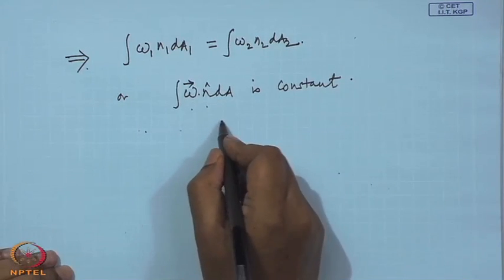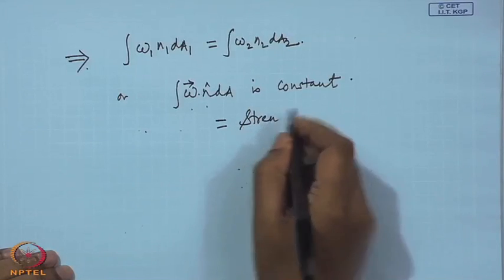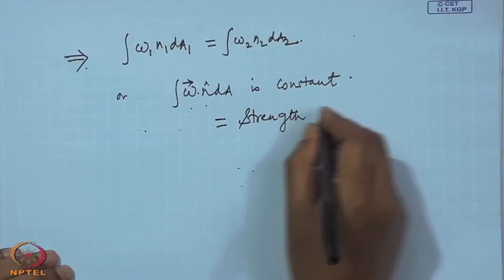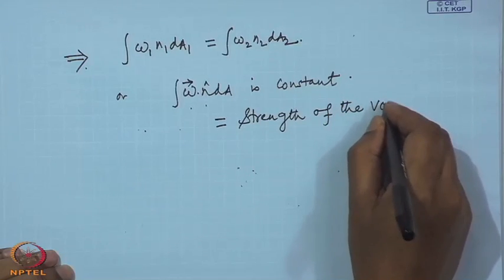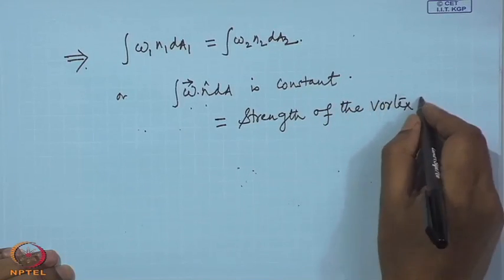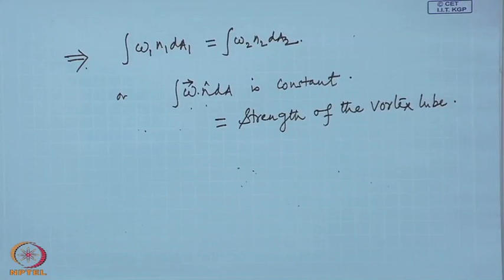This is called as the strength of the vortex tube. So, you can summarize this result, that the strength of the vortex tube remains constant along its length.